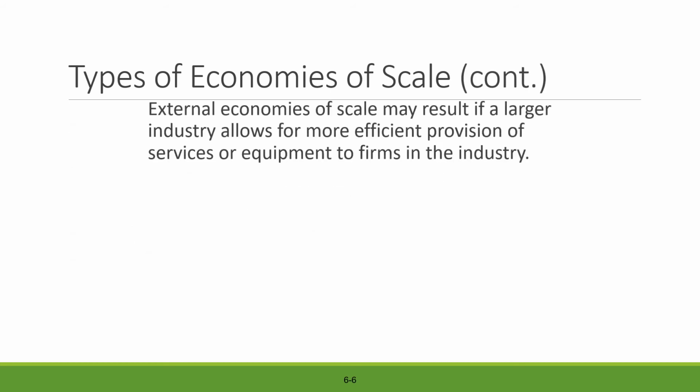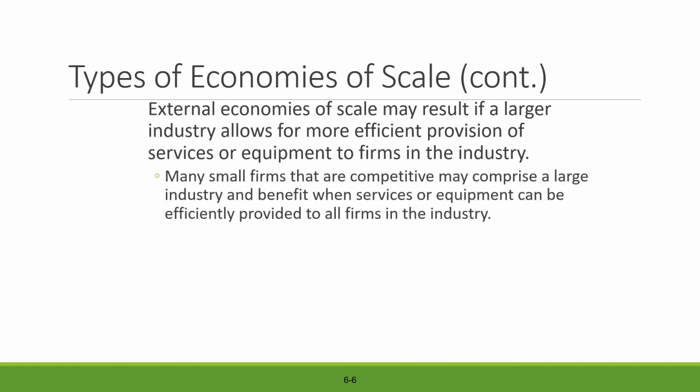External economies of scale may result if larger industries allow for more efficient provision of services or equipment to firms in the industry, as I have discussed with two examples like that of Gulhaji Plaza and that of cities in China. Many small firms that are competitive may comprise a large industry and benefit when services or equipment can be efficiently provided to all firms in the industry.